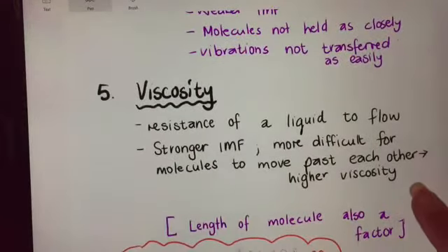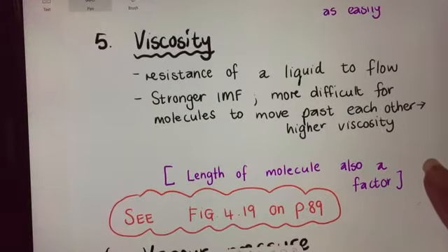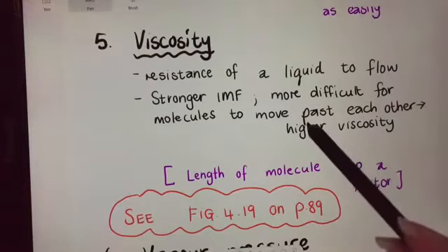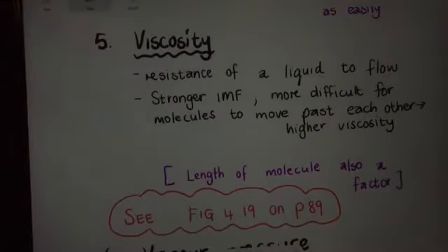Okay, viscosity. That is the resistance of a liquid to flow. What you need to know here is that stronger intermolecular forces would mean it is more difficult for molecules to move past each other. So liquids with strong intermolecular forces will have a higher viscosity.